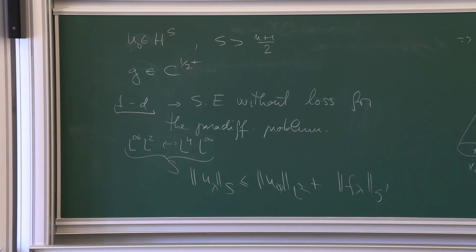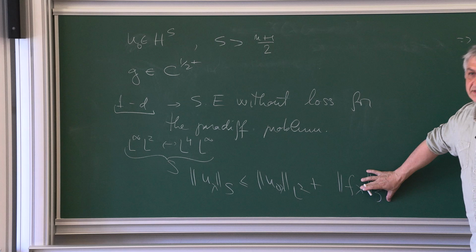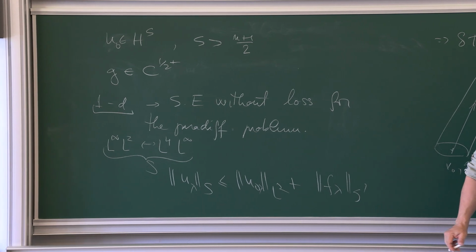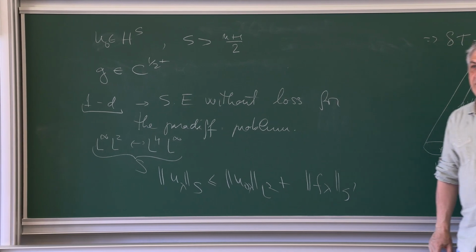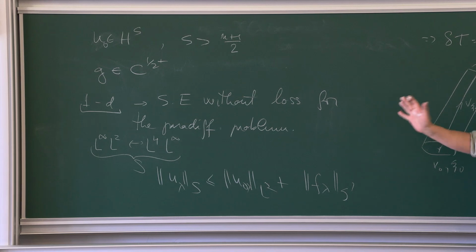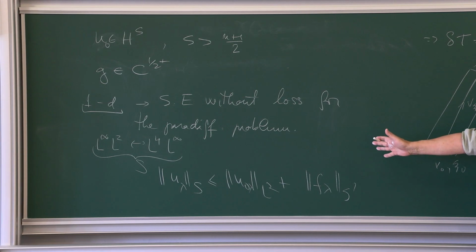So you might say, okay, this is already a lot to ask given the difficulties that we have. But then I'm going to turn around and say, oh, but this is actually not enough for what we need.